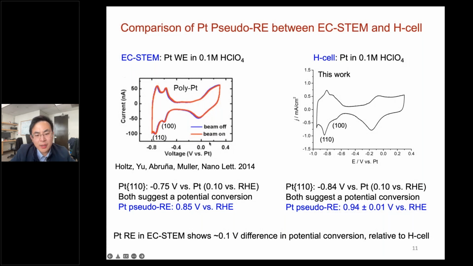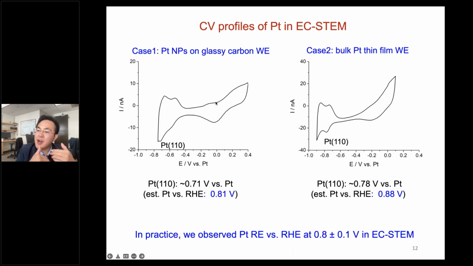We eventually need to work in liquid cell TEM, so we want to see roughly what the error bar of applied potential is in this case. I'm just going to give two other examples. We have numerous examples of platinum CV in liquid cell TEM, and I'm giving two extreme possibilities. On the left side, we see a conversion of 0.8 volt.